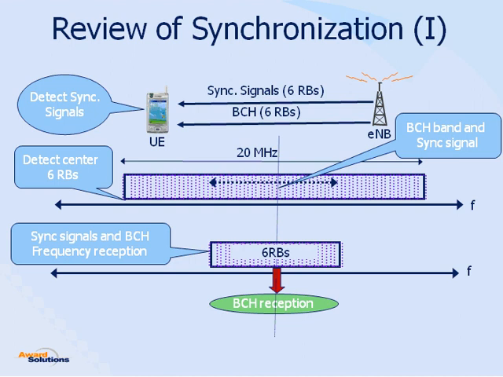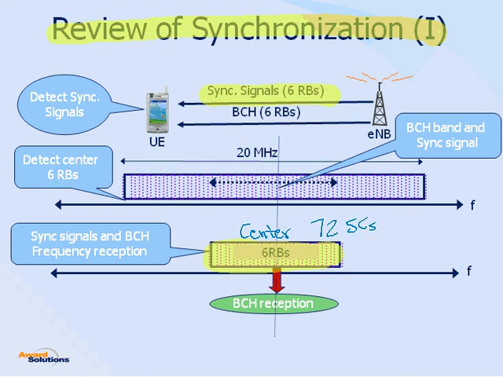Now we'll take a closer look at the synchronization process. We covered that in session number 3, but basically the primary and secondary synchronization signals will consume the center 72 subcarriers, corresponding to 6 resource blocks.